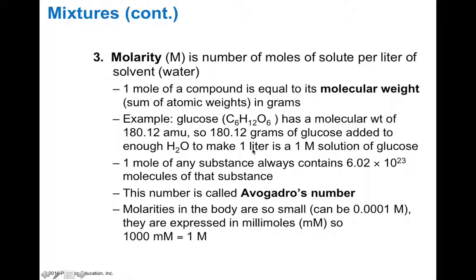I mean, that's a lot of glucose. So in reality, in our bodies, molarities are more often denoted in millimoles, which is 1/1000th of a mole. So 1,000 millimoles is 1 molar. You might see a lot of M, little m, big M notations for molarity when we talk about concentrations in the human body.